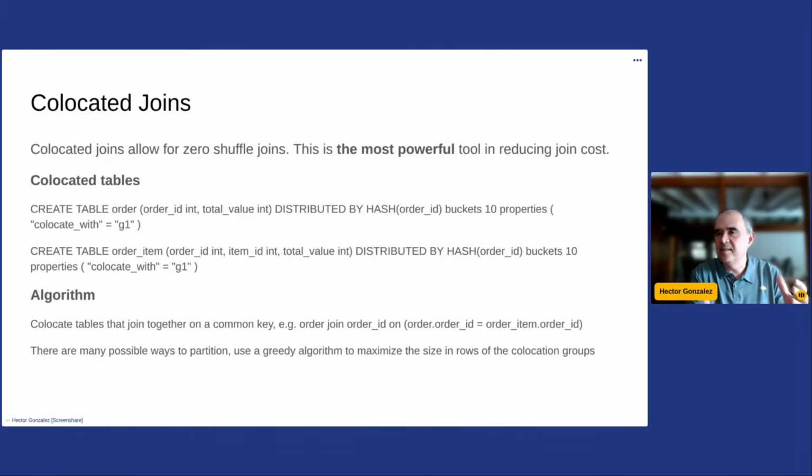Maybe order ID is present in multiple tables, and then we partition all those tables by order ID. And this join is very, very efficient because it scales linearly. If you can, there's no shuffle, there's no communication among the different nodes. So if you have 20 nodes, it's twice as fast as if you have 10 nodes, and it works very well. We try to use it as much as possible.